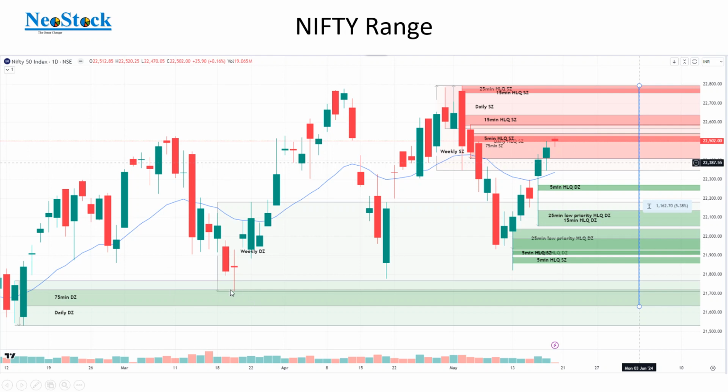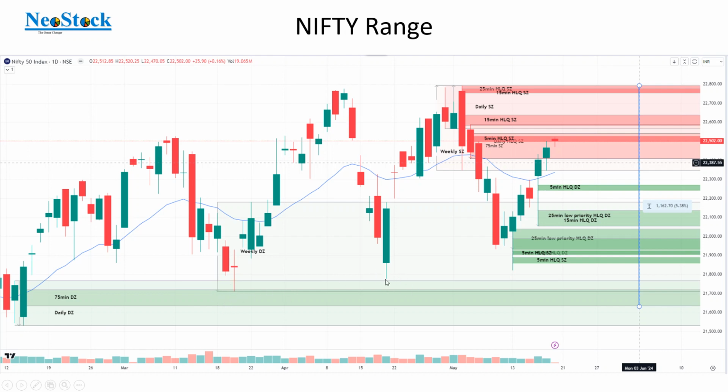And also if you see, here we have a lower high. I mean, sorry, wrongly I pronounced. This is a higher low. Look into this low and this low. This low is higher than this low. So higher low.